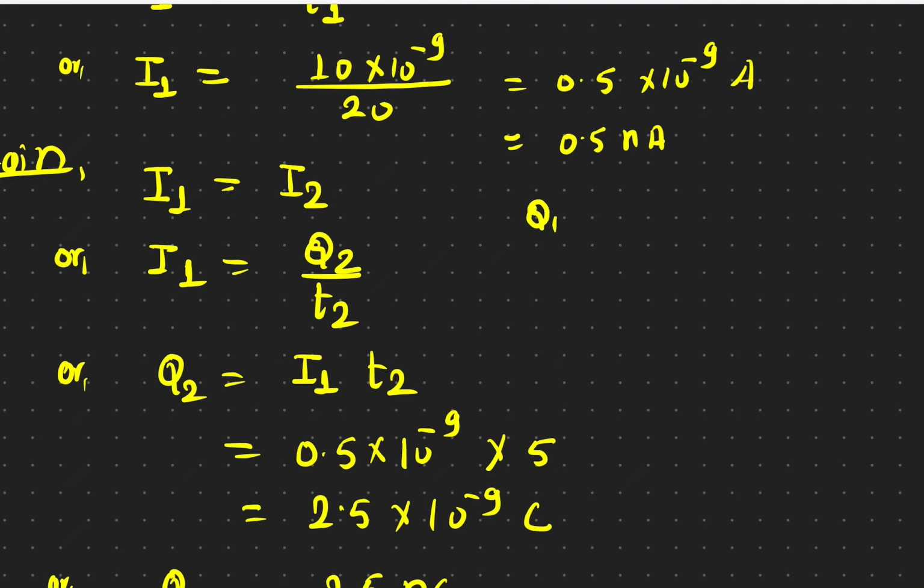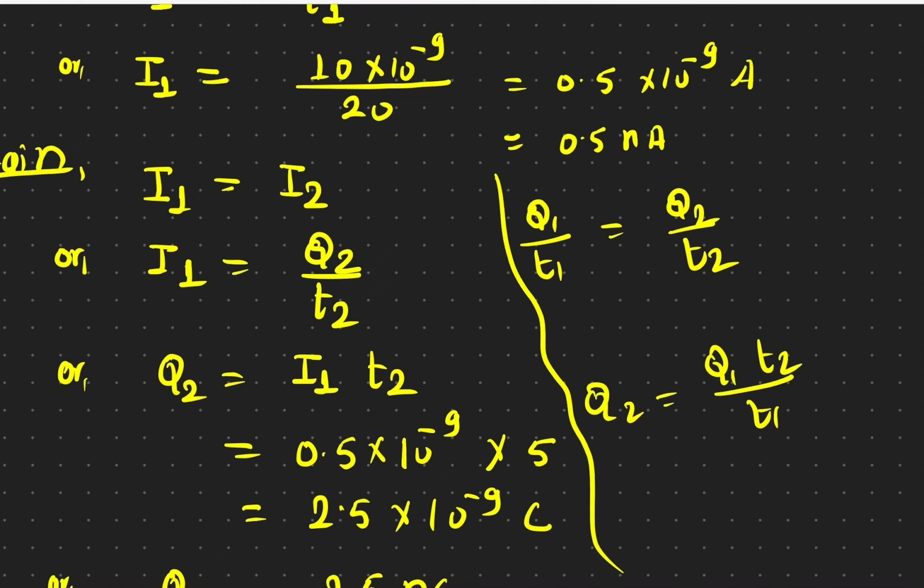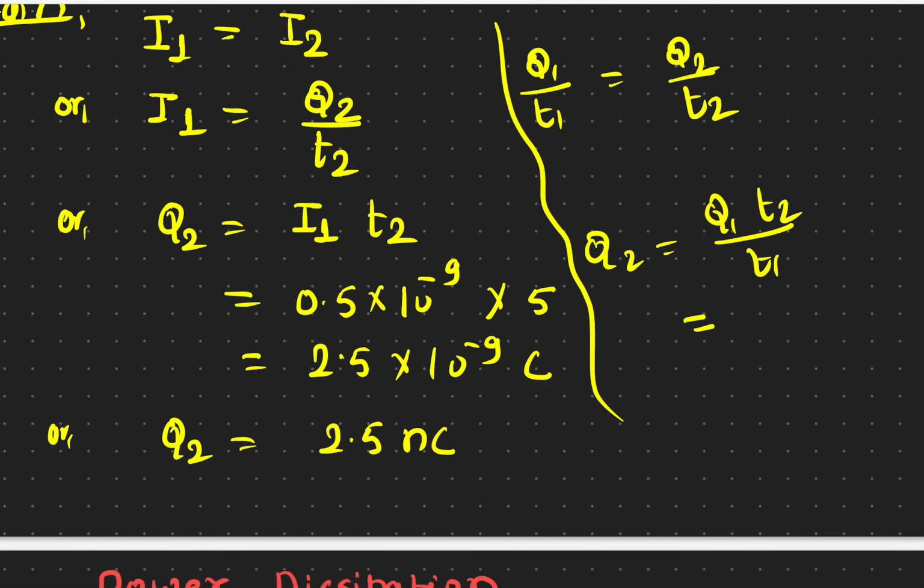So you see, in other words, you can also find another approach here. Q1 divided by T1 would be exactly equal to Q2 divided by T2, because this is I1 and this is I2. So we'll solve for Q2. Q2 would be Q1 T2 divided by T1. How much is Q1?